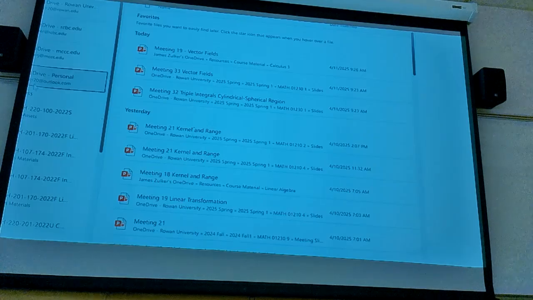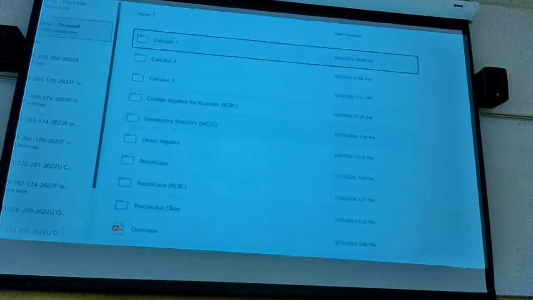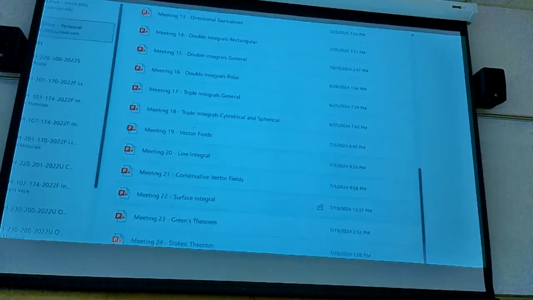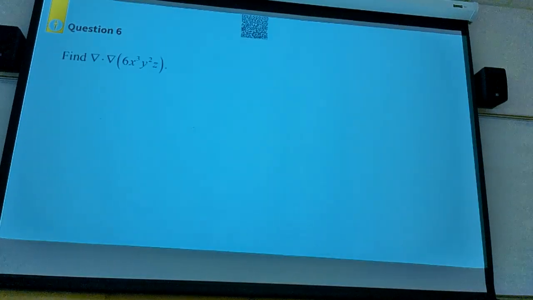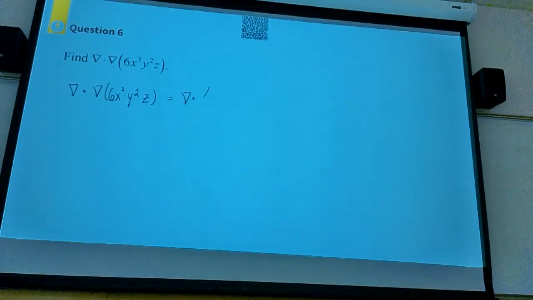Let me check something. Remember what the gradient was?